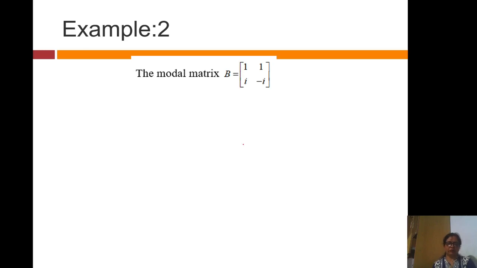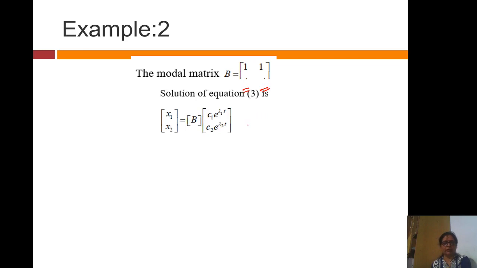Then we write down the modal matrix B, 1 and i, which is the eigenvector corresponding to lambda equal to i, and 1 and minus i, which is the eigenvector corresponding to lambda equal to minus i. Then write down this equation in this form. Here we substitute the modal matrix B and lambda 1 value i and lambda 2 is minus i.